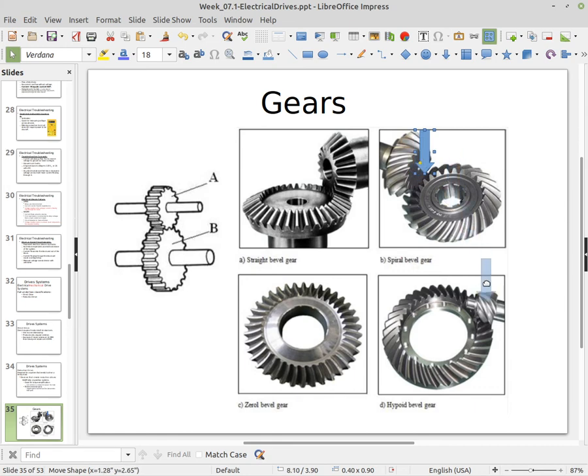But down here you can see that the driven gear is up at the top, so by changing the way the bevel is, we can also shift where the shaft comes into the system, which at times can be very, very useful.